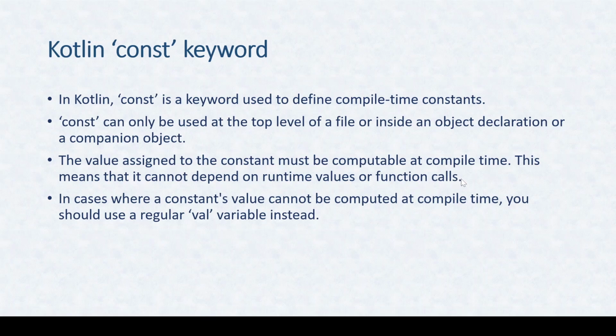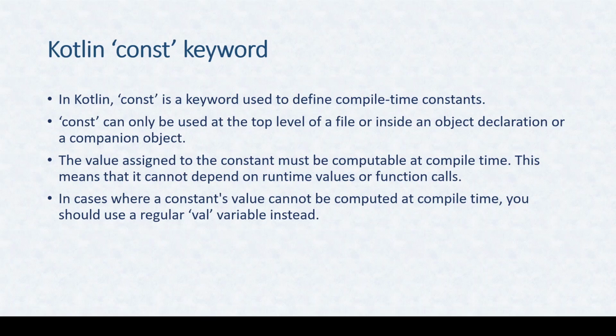Don't worry, we will understand it with the help of code also. Next point, in cases where a constant's value cannot be computed at compile time, you should use a regular val variable instead. So we will understand these points with the help of some code.